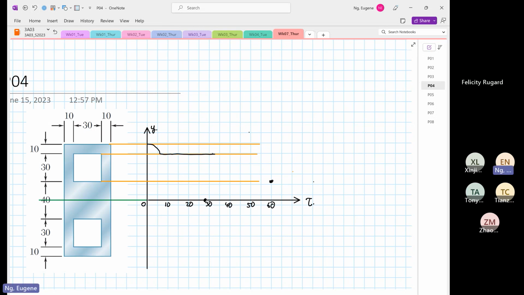It's going to be a straight line up to somewhere around here, and then you will do this, and then it will fall down here. It will go down again, a straight line, and then it's going to do this.